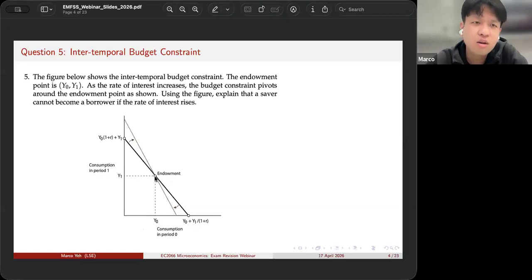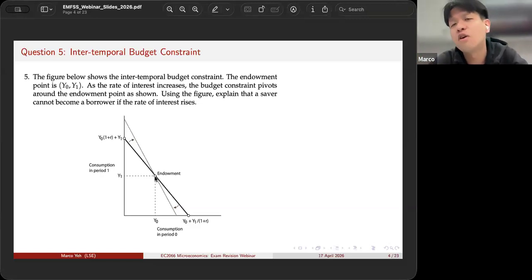What is the economic meaning behind the endowment? I'm not borrowing, I'm not saving. I eat up what I earn each day. So today, if my income level is Y0, I consume Y0. Tomorrow, my income level is Y1, so I consume Y1.